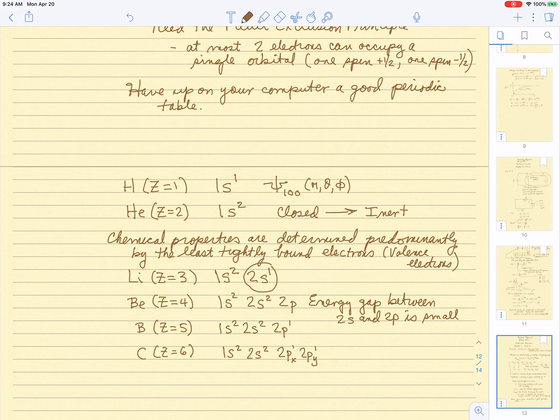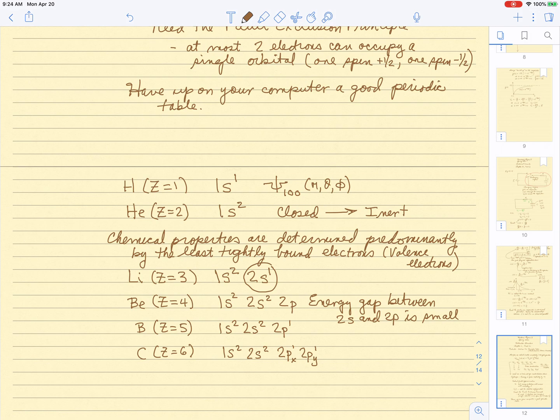And we see what happens here in carbon: one might ask, how come the 2p orbital didn't fill with 2 electrons before filling another p orbital?